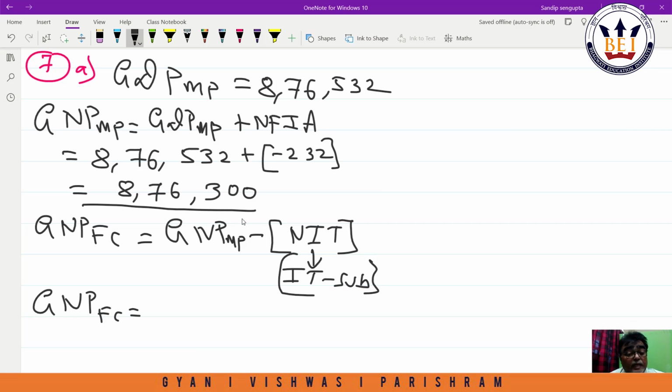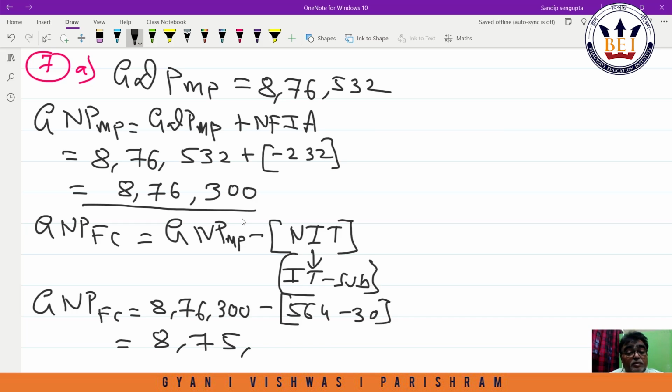GNPFC is equal to 876300 minus tax 564, subsidy 30, so it comes to 875766.